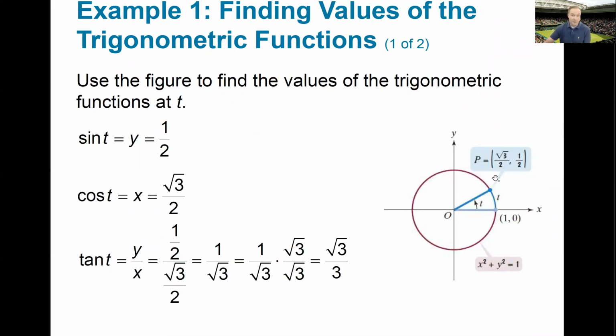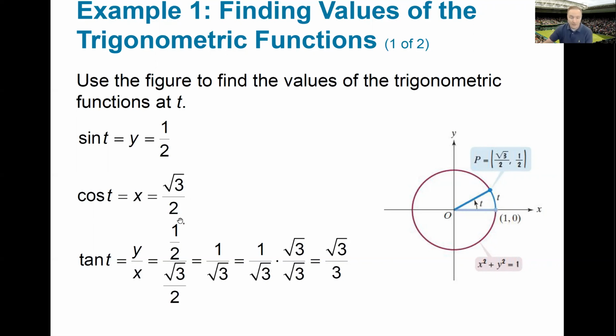Well, what if you didn't remember that from your unit circle? You could go back and use the Pythagorean theorem and say, well, we know that the hypotenuse for a unit circle has to be 1. So then you could say x squared plus 1/2 squared is equal to 1 squared and use that to solve for the horizontal component.